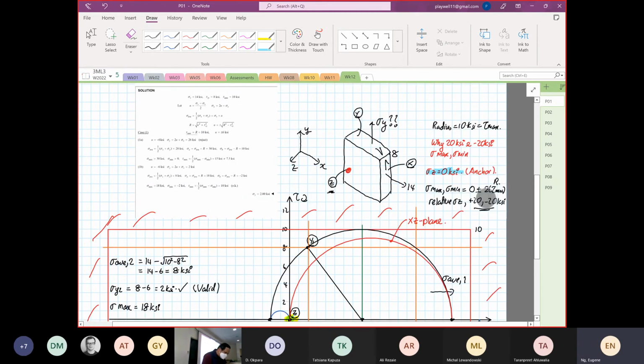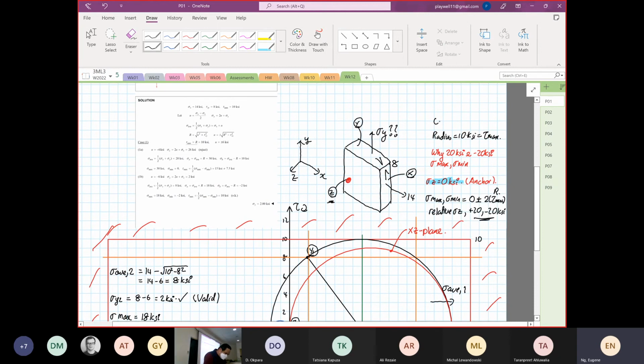So if that's the radius, our diameter of the circle is equal to 20, right? It can go plus or minus 20 KSI.